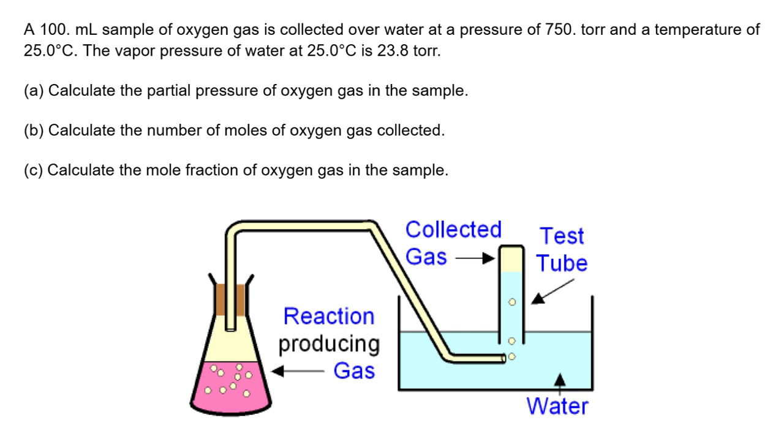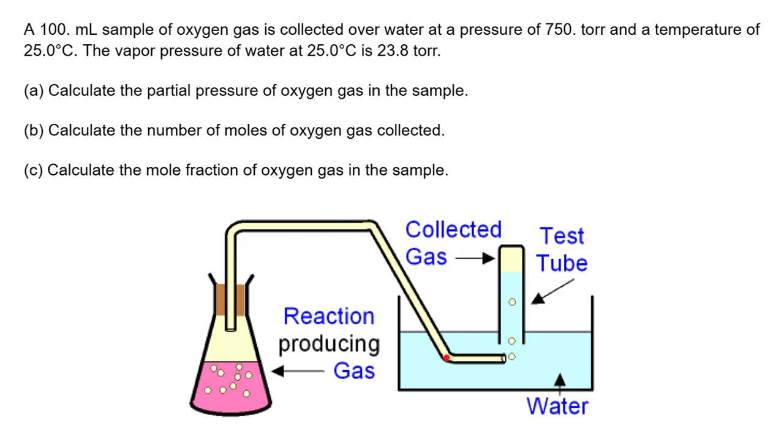So in this problem, we are collecting gas over water. This is also called collecting gas by water displacement. The whole reason that we do this is because if you want to collect a gas from a reaction, for example, we are creating some sort of reaction that's producing oxygen gas. The oxygen gas is being produced over here.